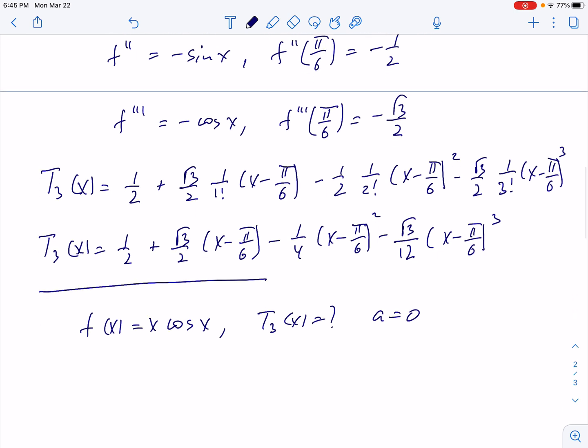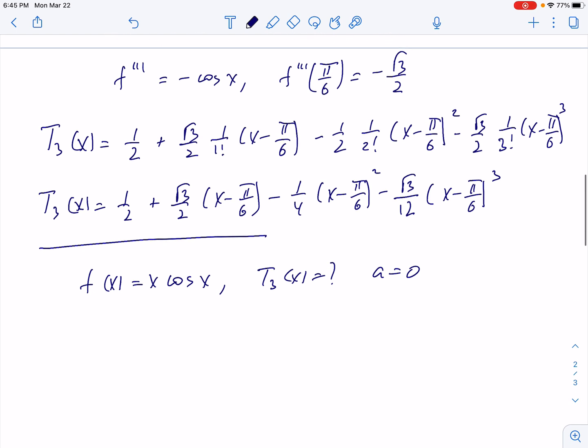So we just have to take the Maclaurin series for the cosine, which is very well known, and then take the partial sum, because this is what we require, centered at 0. That's the Maclaurin series, and we know it for the cosine. But this x in front, we shall multiply by the Maclaurin series. We don't have to find derivatives here, although we can do it with the derivatives. But here is the short way to do it.